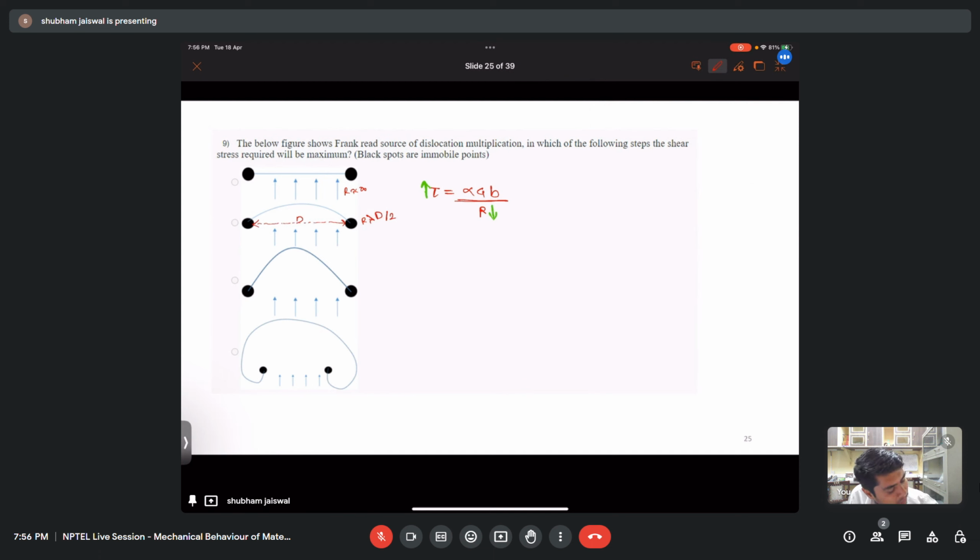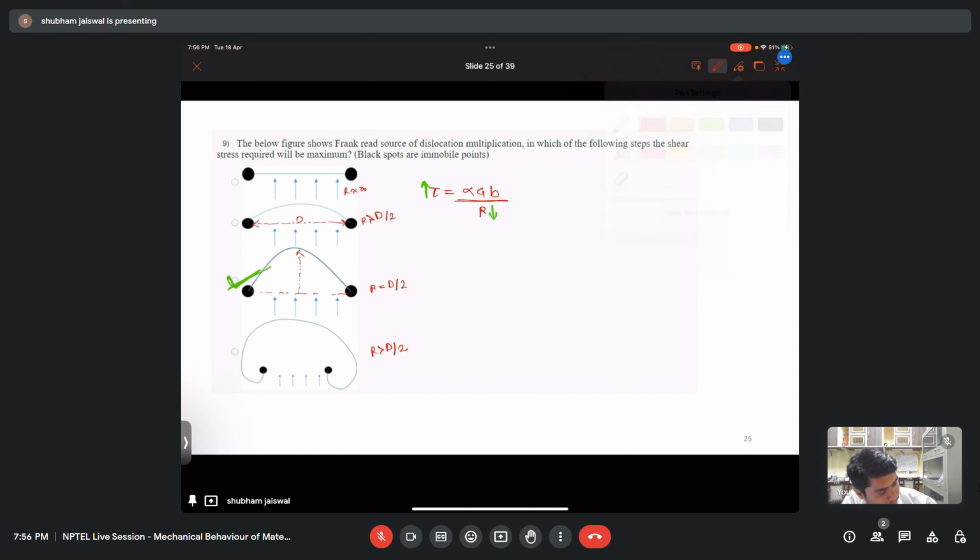Here also, if we consider this as a semicircle, then in this case the R is equal to D by 2, and in this case also R is greater than D by 2. So among these four, the minimum R is for this condition, this third one. So the correct answer will be this semicircle.